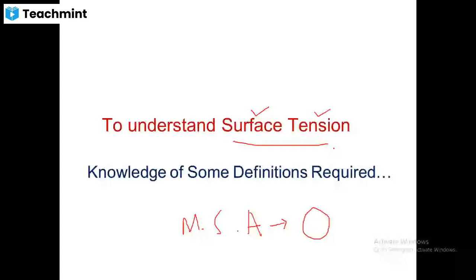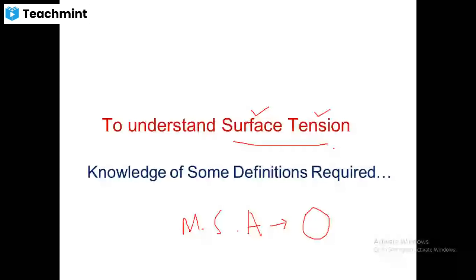It's force per unit area, right? So always there is some pressure on the surface of a liquid. It is this tension which is making the liquids occupy the spherical shape.